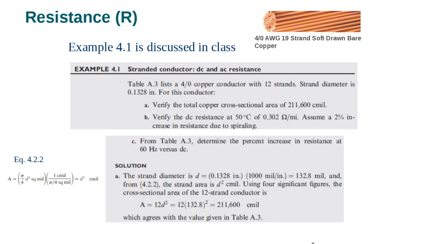The second part: we want to verify the DC resistance at 50 hertz of 0.302 ohm per mile. We talk about per mile because this is an American textbook, so we use miles. Assume 2% increase in resistance due to spiraling.